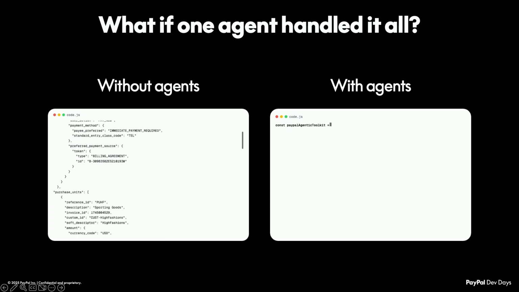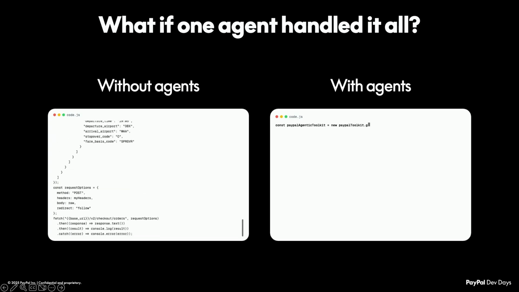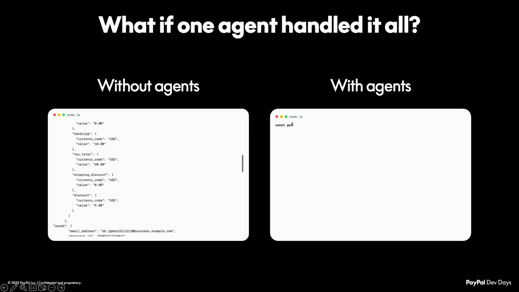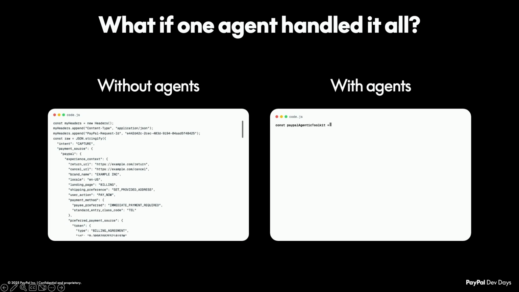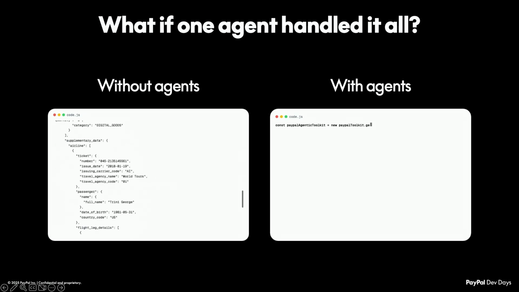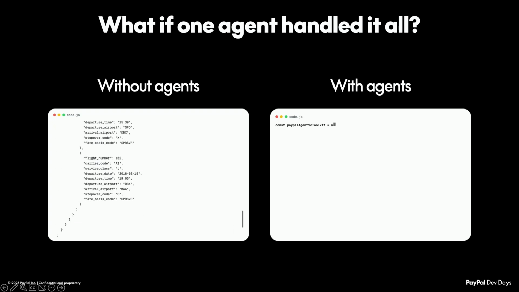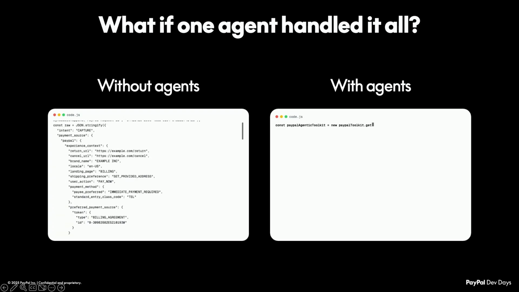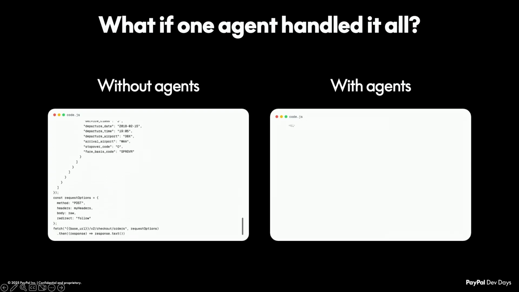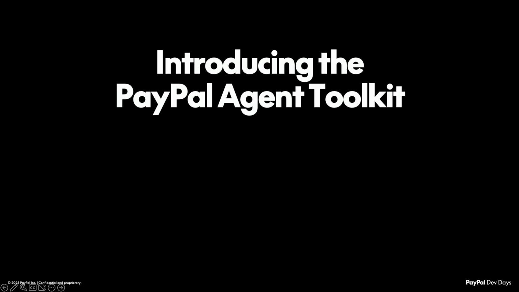Now imagine the world with an agent. It will significantly simplify the lines of code you need to write. This is one line of code where you can integrate with the PayPal Agent Toolkit and understand all the various capabilities it offers.